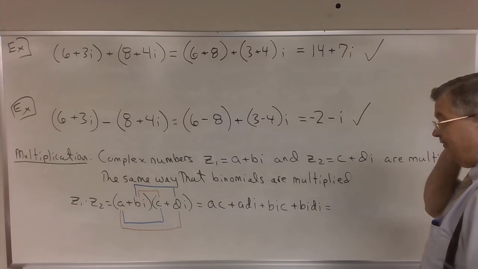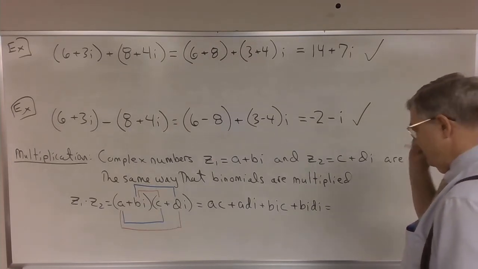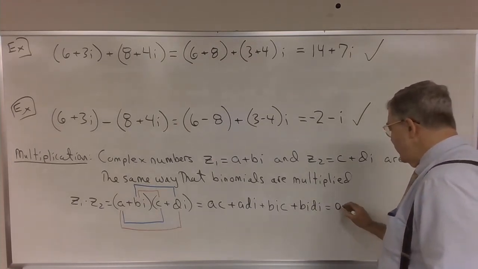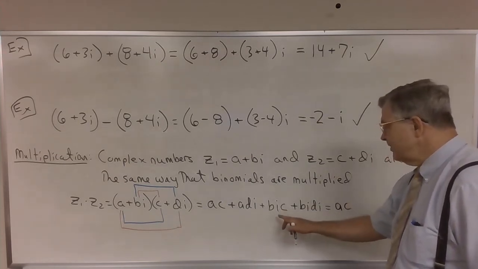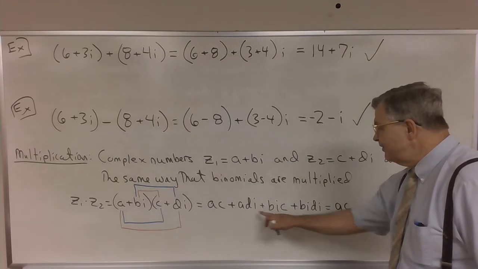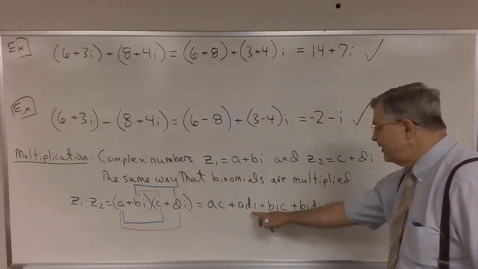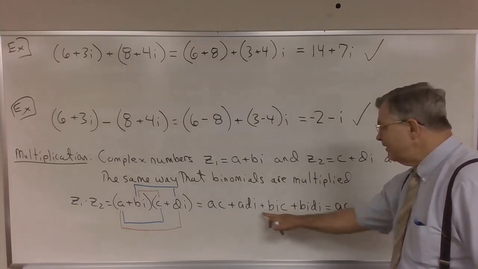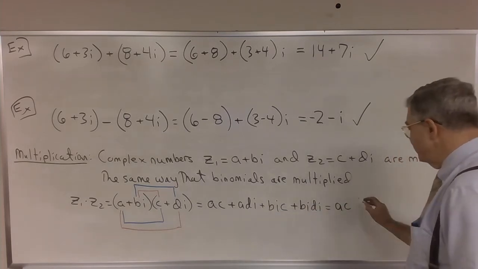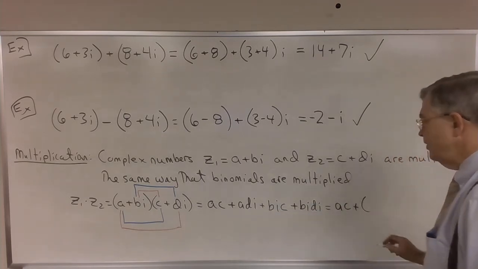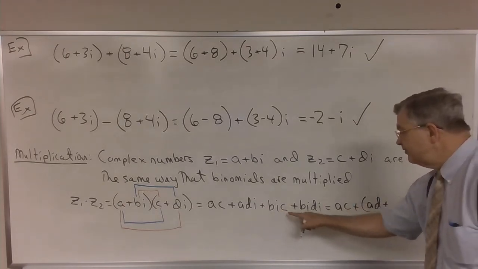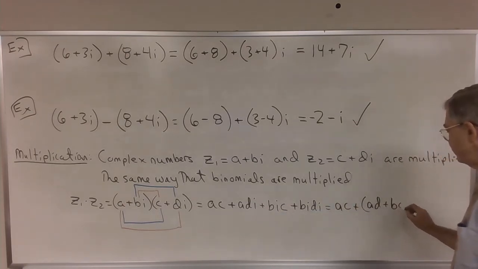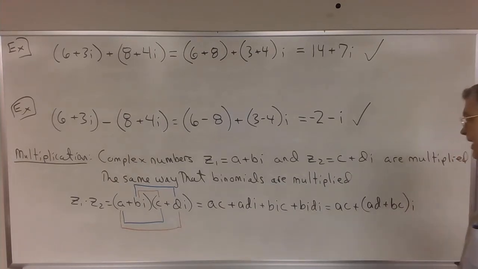Now, we're going to have to simplify this. We have AC, ADi and BCi. These two terms have a common factor of i, so I'm going to factor the i out of these two terms, and I'm going to get AD plus BC, times i. Cool.